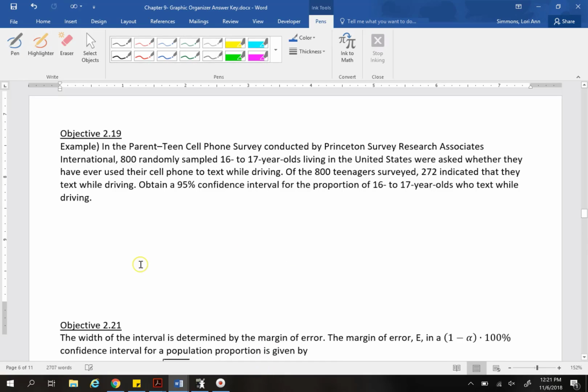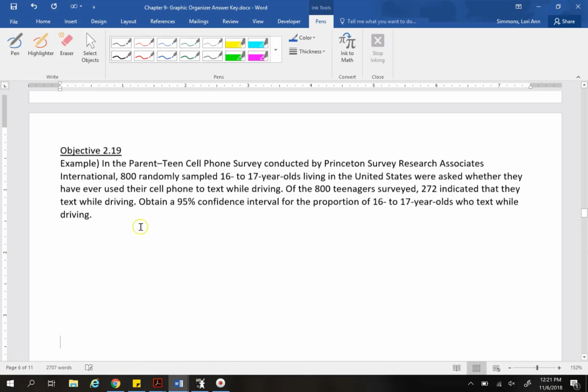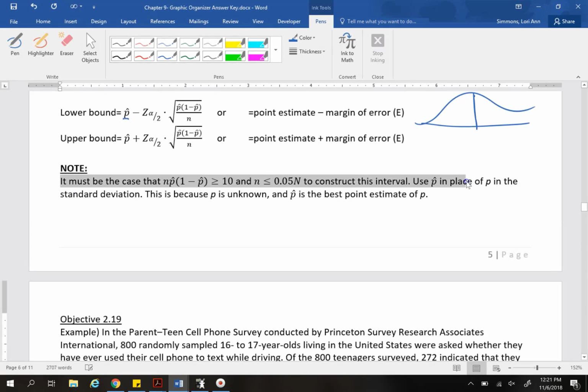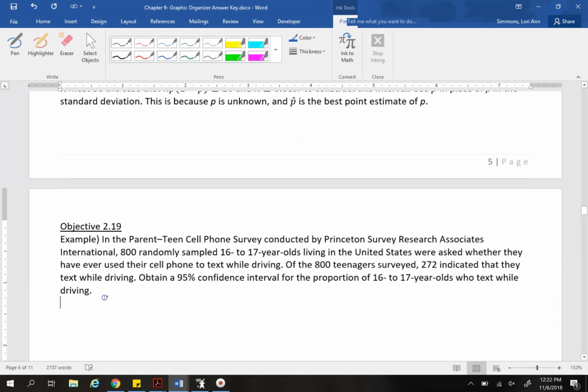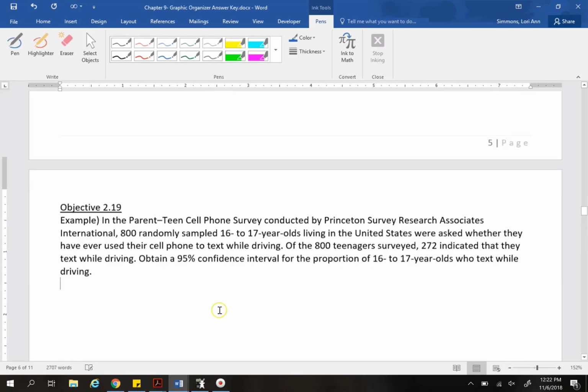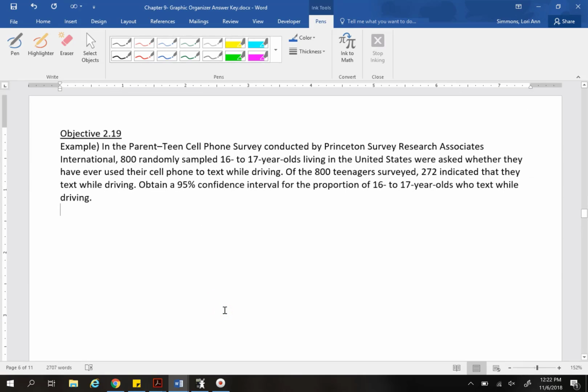So let's first verify the conditions are met up above here. The first one is to check if it's normal. If it's normally distributed, then we are able to use the normal curve and figure out the interval.